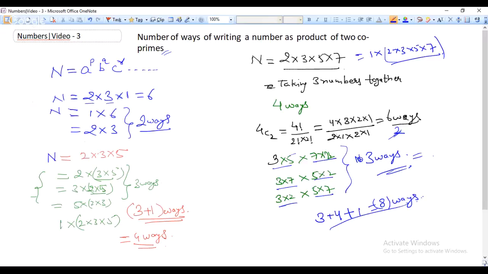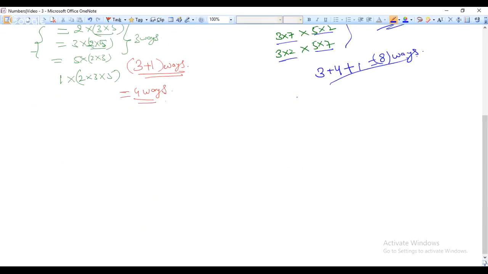8 ways are the total number of representations. Hope you must have got it till here. So what will we do? We will do something like that. Let's say the general formula of two entities gave us two ways.